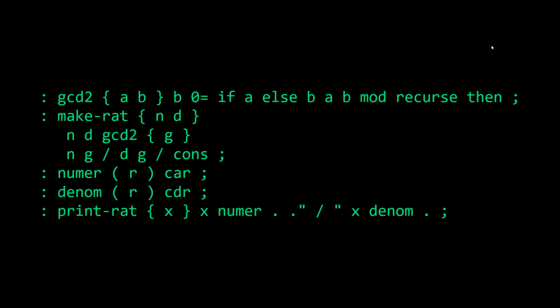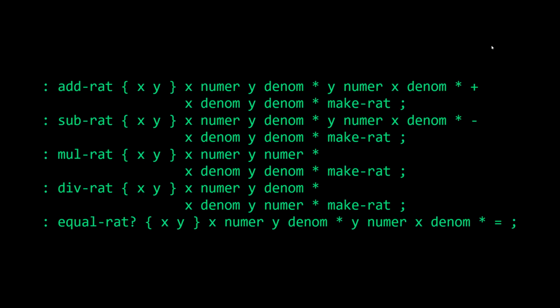And I've gone through the exercise of converting another one of the examples, since the SICP book has a bunch of interesting Lisp examples that you can now readily convert and use in Forth, to do things like implement rational numbers in a fairly small number of lines of code.